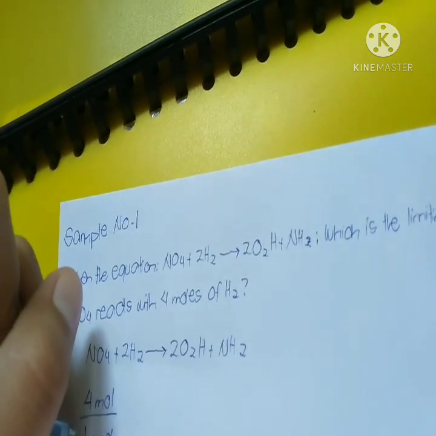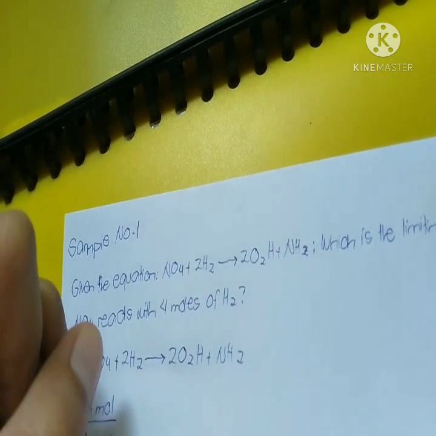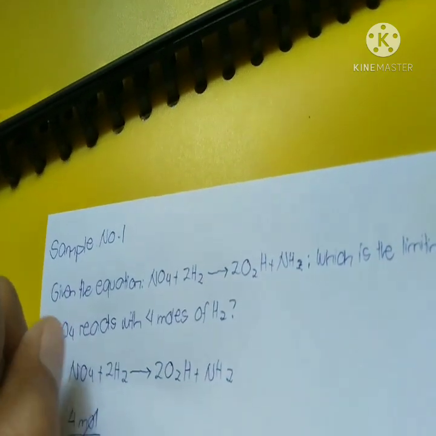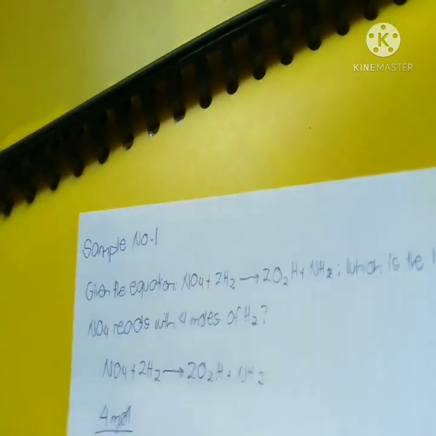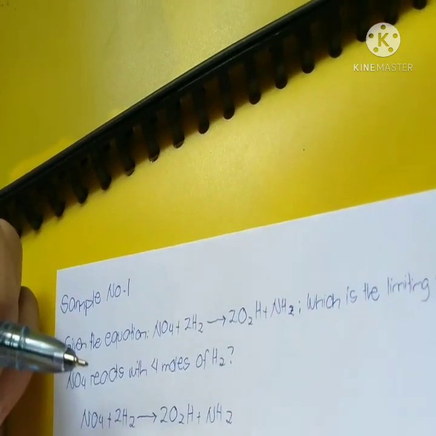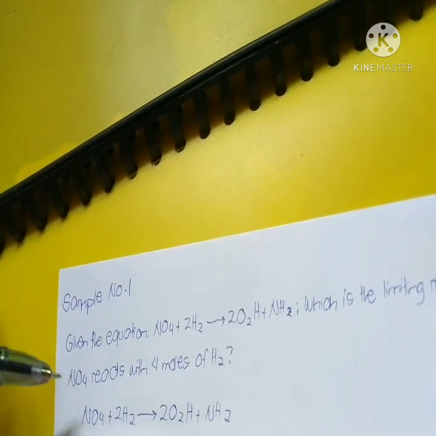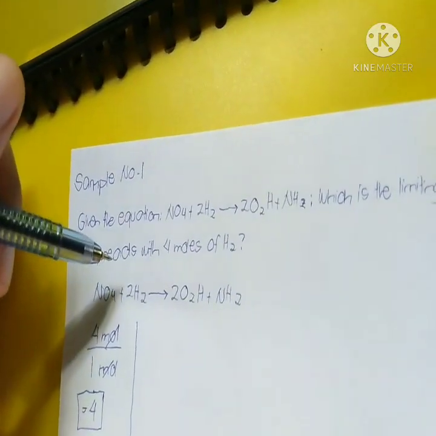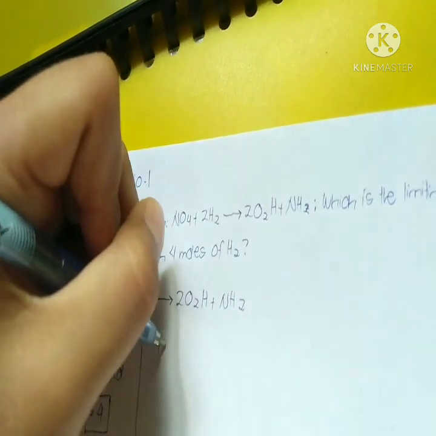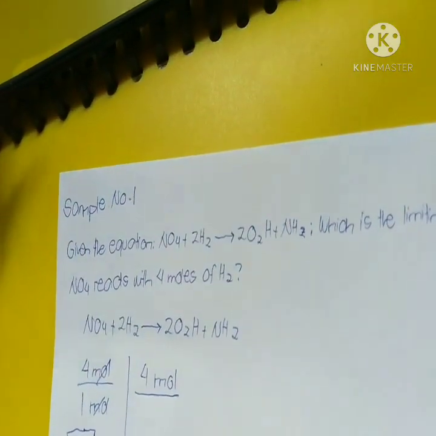Four divided by 1 equals 4, so the answer is 4. Now for H2: 4 moles of N2O4 react with 4 moles of H2.